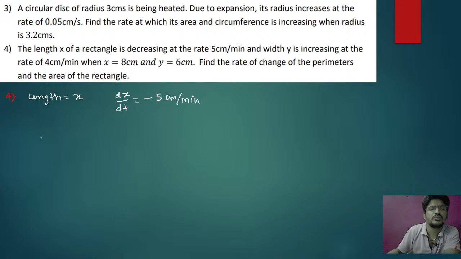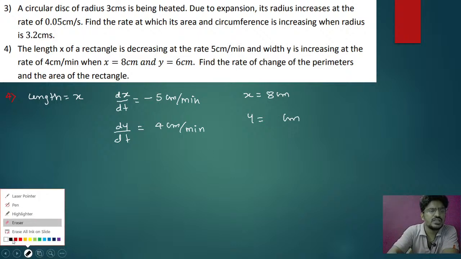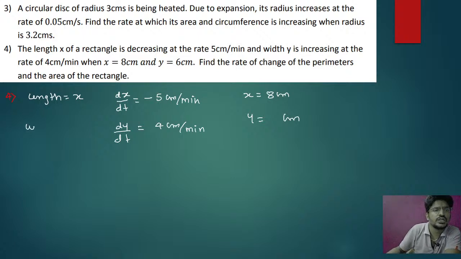And the width y is increasing at the rate of 4 centimeters per minute when x equals 8 centimeters and y equals 6 centimeters. Find the rate of change of perimeter and the area of the rectangle. Read the question very carefully and we can go through it.